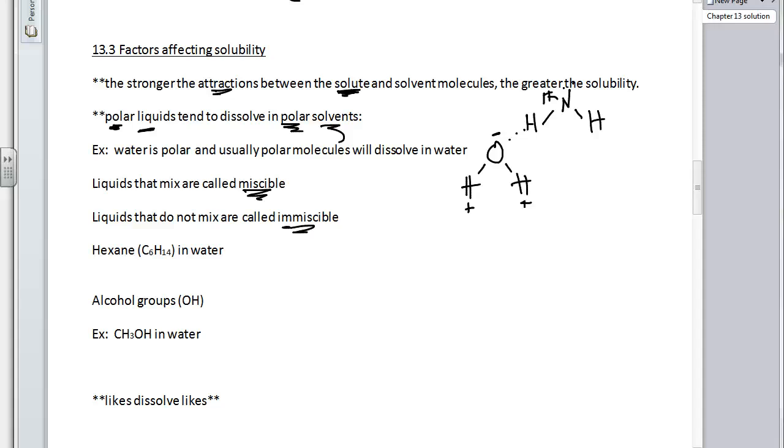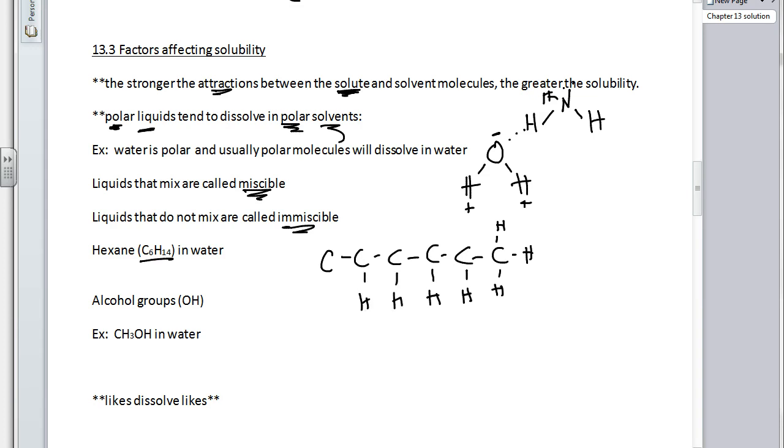Now, if we were to draw the structure of hexane, we have 6 carbons, just like that, with single bonds in between each one of these carbons. And then around every one of these carbons, we have hydrogens.